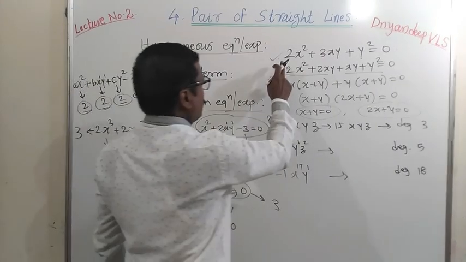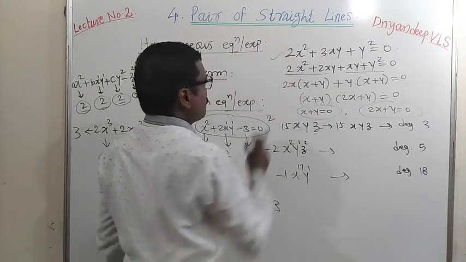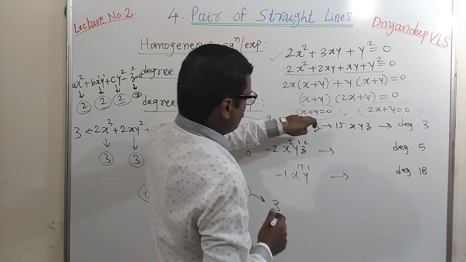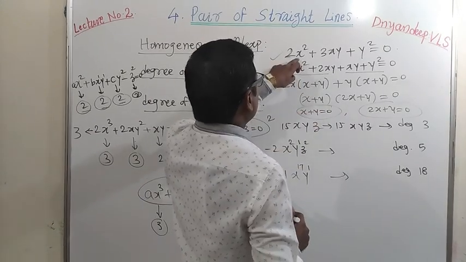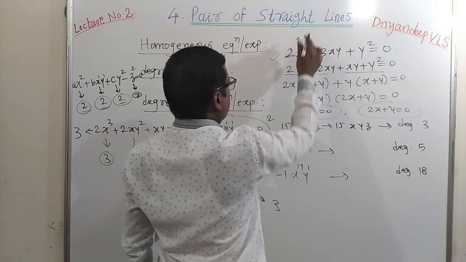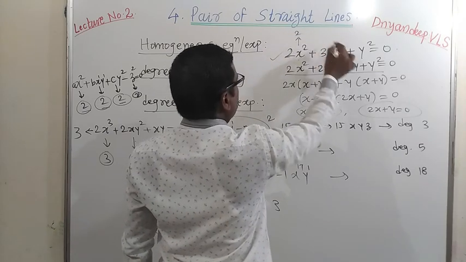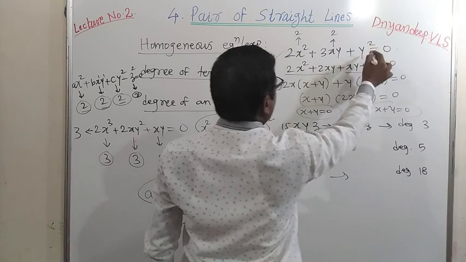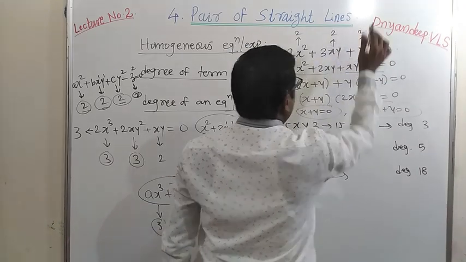Okay, so what we are observing here is that this is the combined equation of these two straight lines. In this equation, the degree of this term is 0, degree of this term is 2, degree of this term is also 2, the degree of this term is 2.